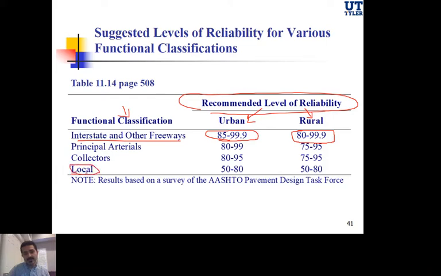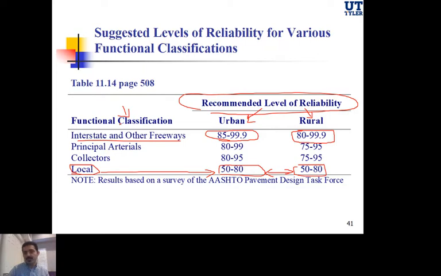If I'm building a local street, then I can reduce my reliability level to somewhere between 50 and 80, regardless of whether it's an urban or a rural setting. So you can tell it all depends on the importance and the classification of the roadway. For an interstate system, I cannot afford a low-reliability highway or freeway, meaning I can't afford closing the highway if I have premature failure every few years.